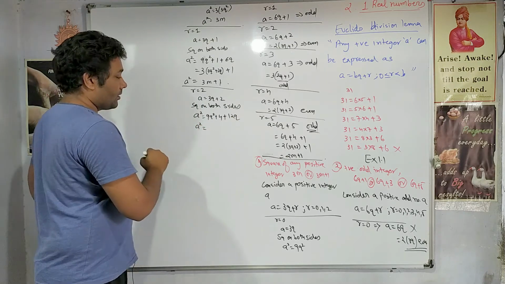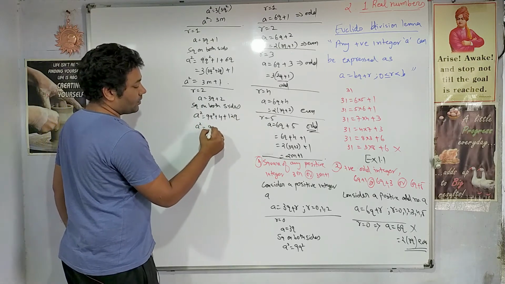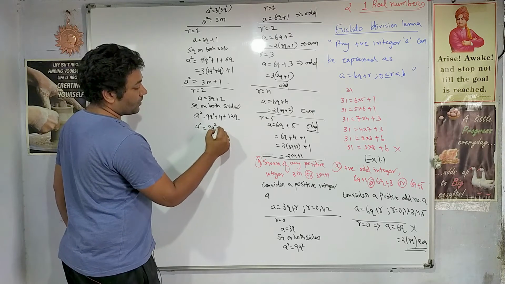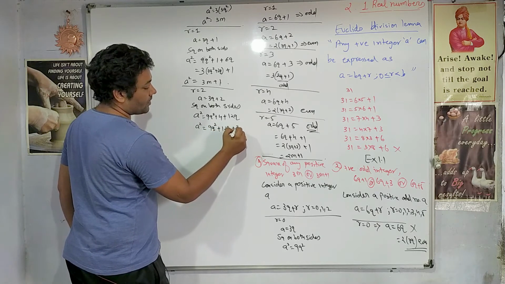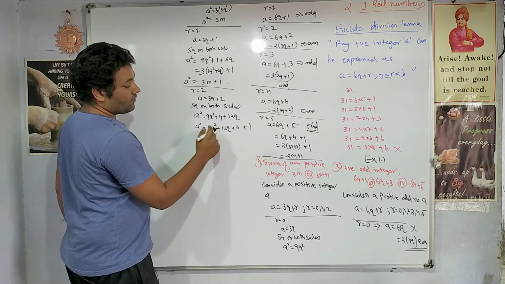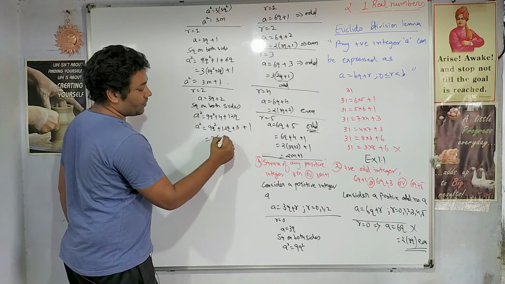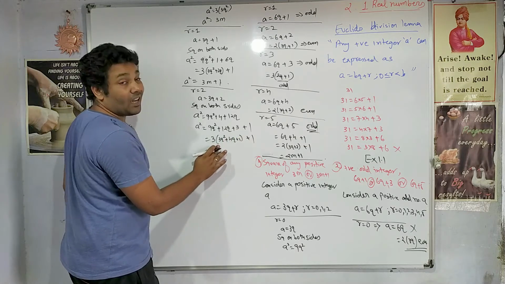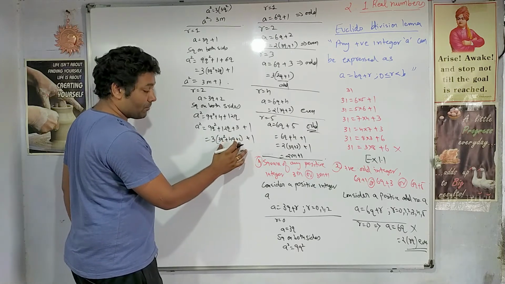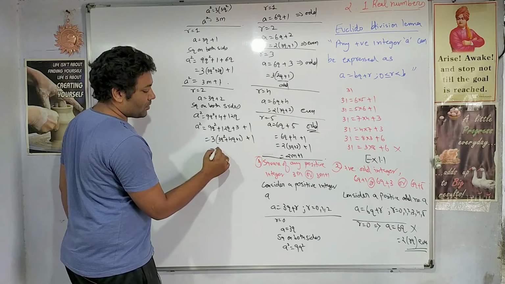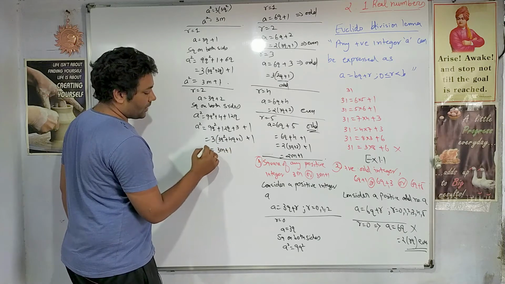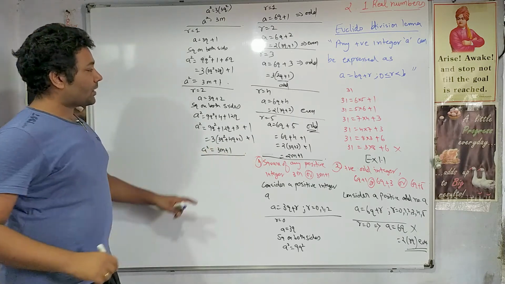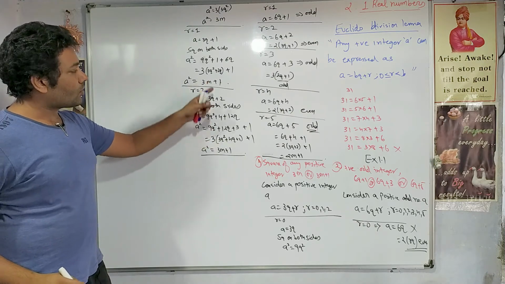Here again I can rearrange this to write it as 3 plus 1. Now again if I take out 3 common, it will be 3q square plus 4q plus 1 plus 1. This is nothing but again some number m. So 3m plus 1.